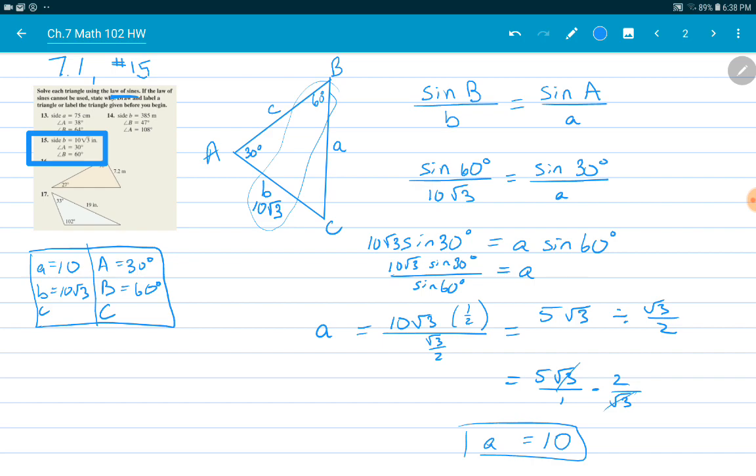This is a side angle triangle. So I got one side, and now I can also get that third angle by using the triangle sum. So I got 180 degrees minus 60 degrees and minus 30 degrees, leaves me with 90 degrees.